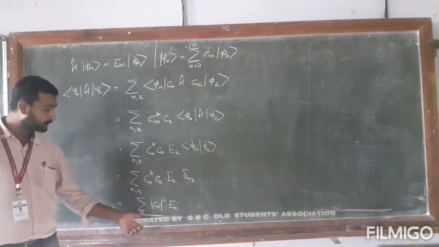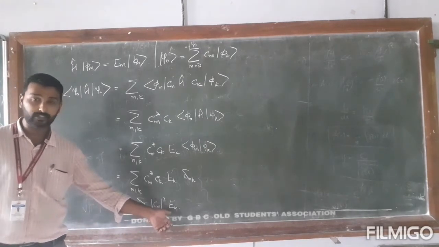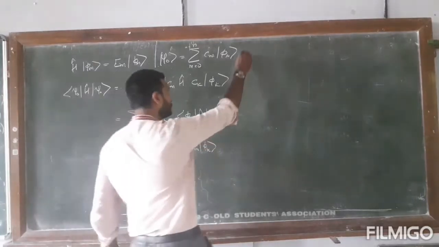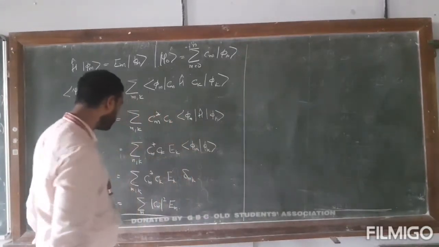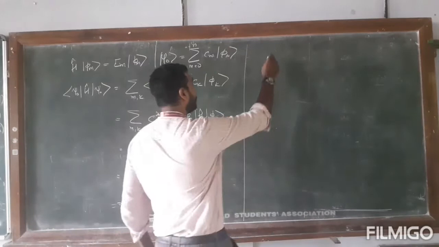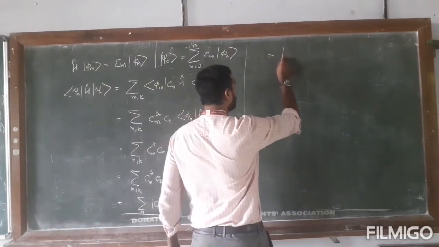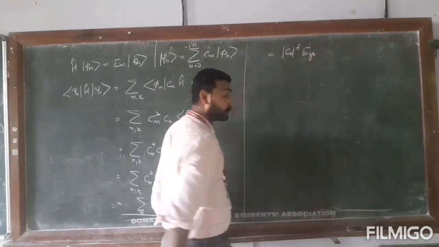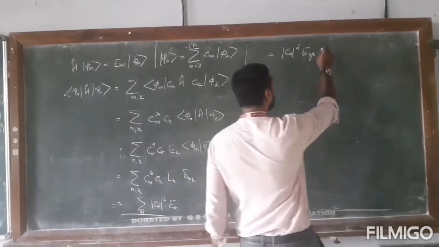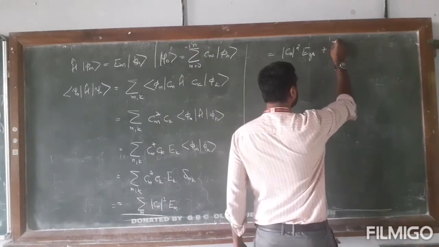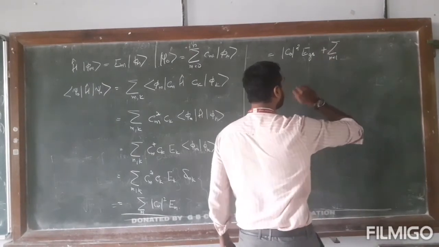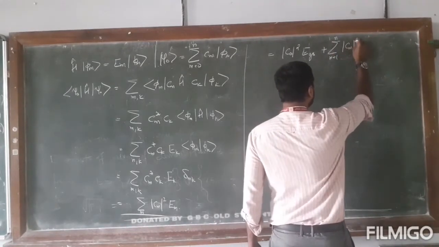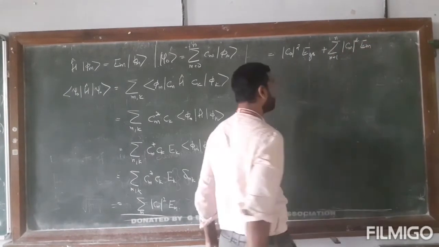Okay. Now which would be the ground state? The ground state would be E0. E0 is the ground state, and E1 would be the first excited state, and so on. So I can write this as equal to mod C0 squared times the ground state energy, which is EGS, plus the sum over m equal to 1 to n of mod Cm squared Em.